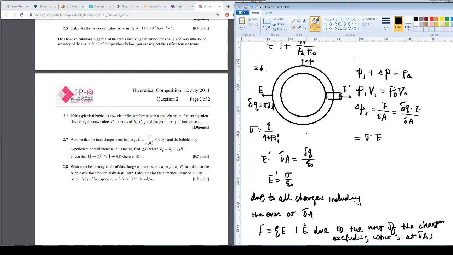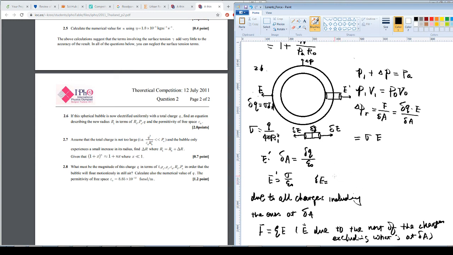So I need to look at delta A again, and I need to draw another Gaussian surface. Okay, but this time it will create delta E in both directions, because I'm looking at something alone. Okay, and that's also relatively easy.